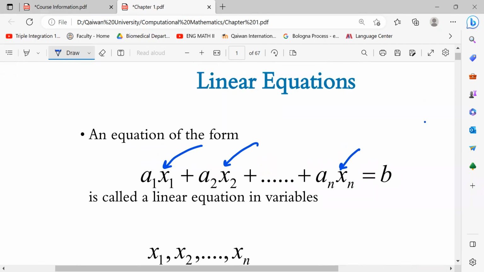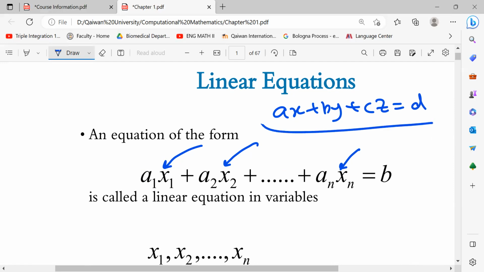Even if we have ax plus by plus cz equals, let's say, d, this is a linear equation. As you see, the exponent of all variables, and our variables are x, y, and z, are all 1. This is a linear equation.